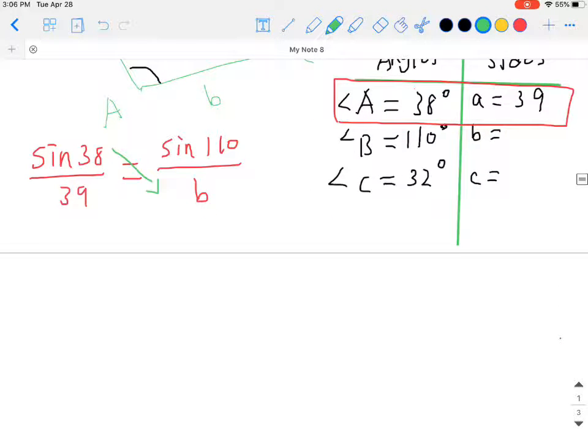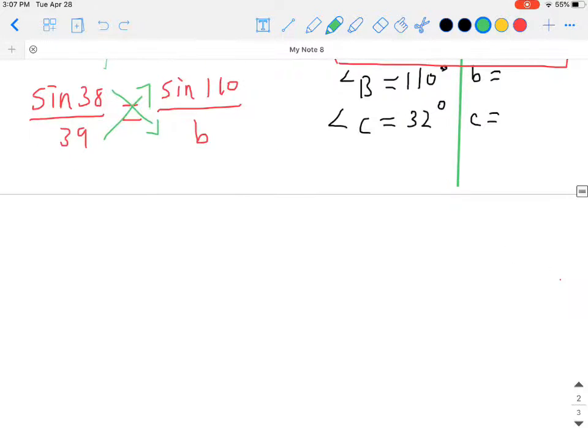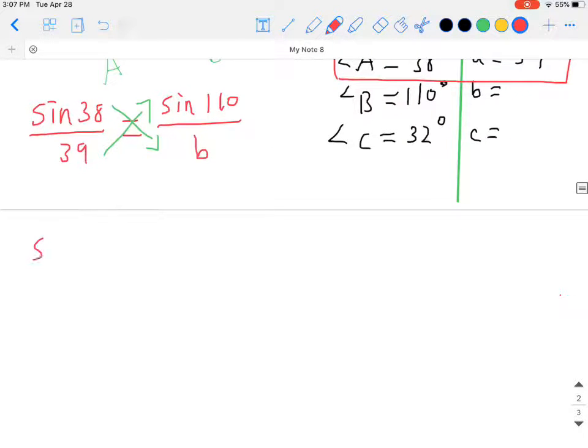One of the methods we can use is cross multiply. Sine 38 multiplied by b equals sine 110 multiplied by 39.